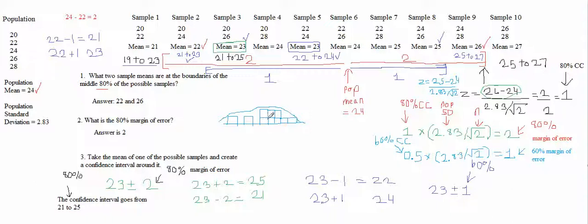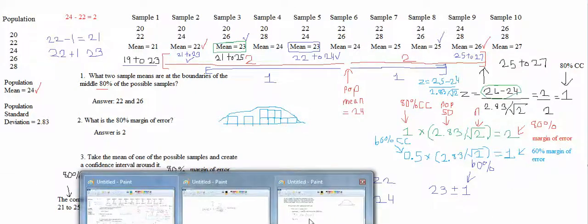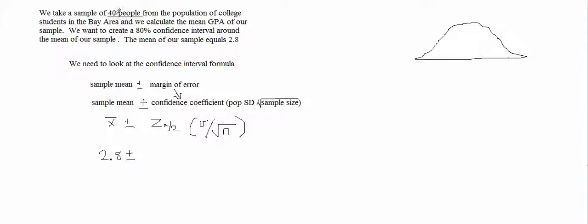But over here, since we have a sample of at least 40, it does follow a normal shape, which means that the confidence coefficient, which is the z-score at this upper boundary of the middle 80% of samples, can actually be found.